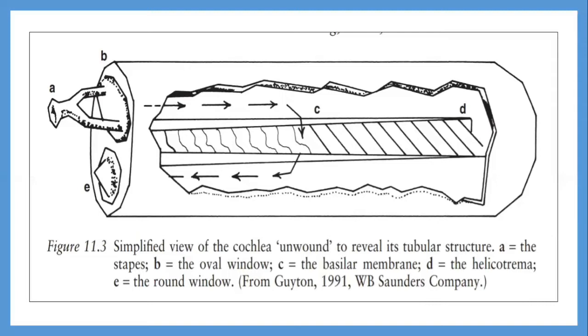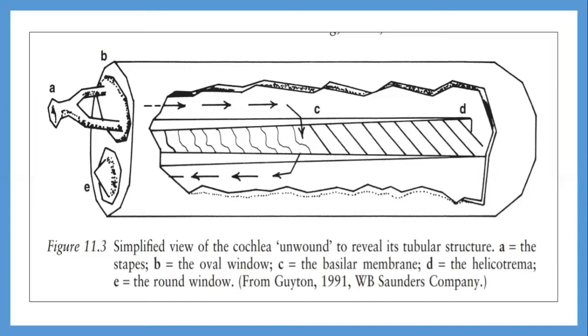Now, the structure of the cochlea is apparent if we imagine a tube folded back on itself and coiled like a shell. The central membrane is known as the basilar membrane, and it ascends along the length of the coiled tube from its base to its apex, where it is perforated by a hole, or the helicotrema.